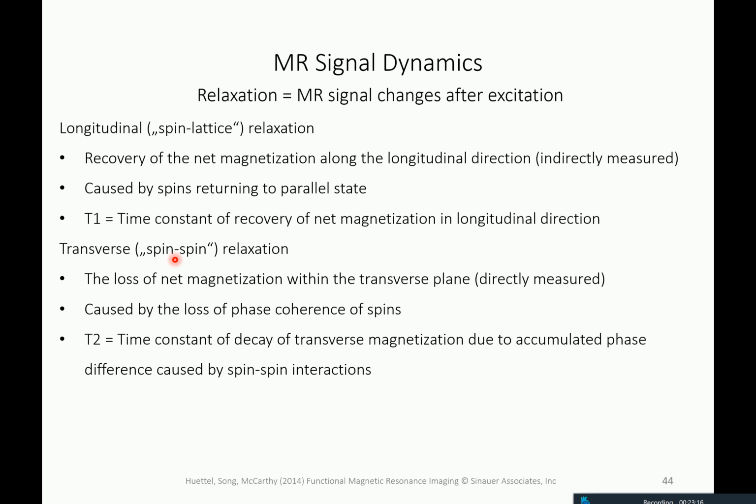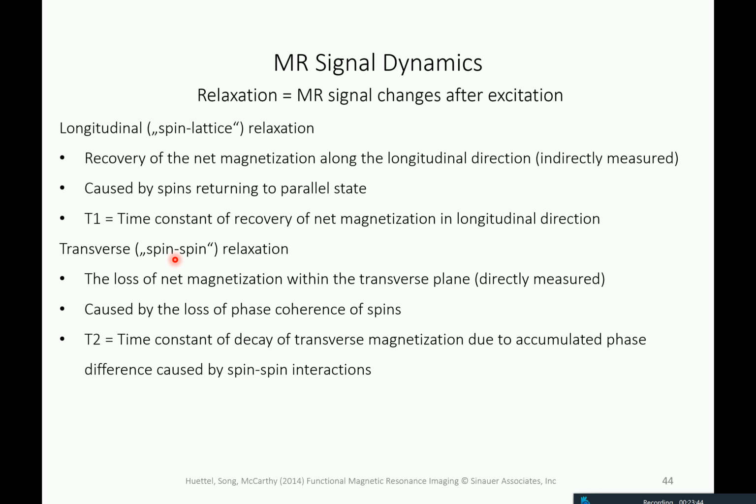Because one spin's magnetic field is affecting the magnetic field of another spin, they lose their phase coherence. On the macroscopic level of the net magnetization, this loss in phase coherence is measured as a decrease of the net magnetization in the transverse plane. I will show you a picture in a second. This is governed by a time constant which is called T2.